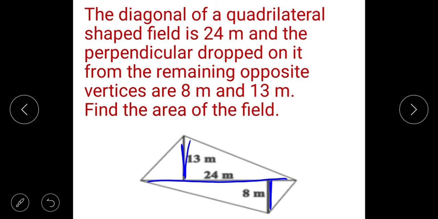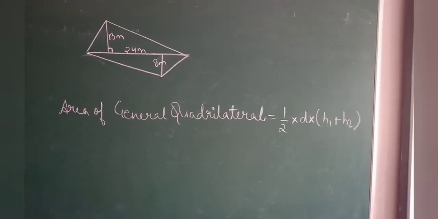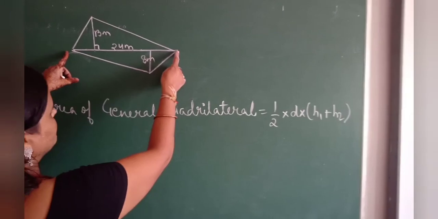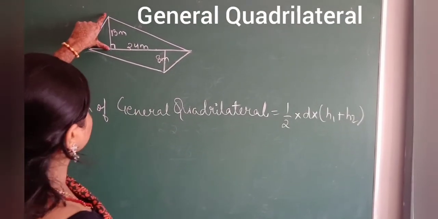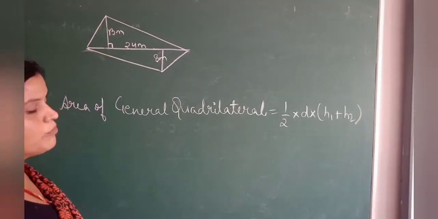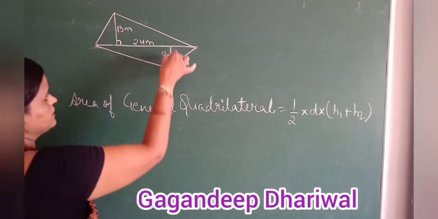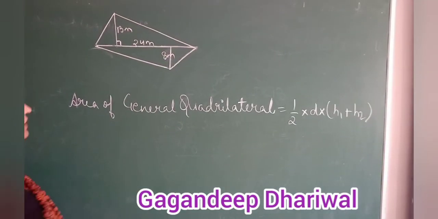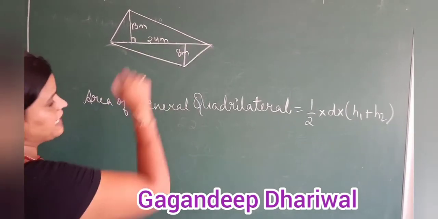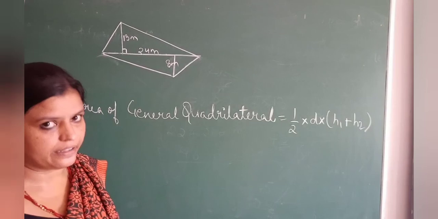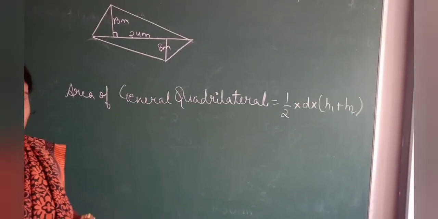Okay, so let us solve this problem. See student, this is the figure of a quadrilateral and this is one of the diagonals which is given as 24 meter, and these two are the perpendiculars from the opposite vertices on this diagonal. This is 13 meter and this is 8 meter. When we join these two opposite vertices, this diagonal divides this quadrilateral into two triangles, and you know that the area of a triangle is half base into height.